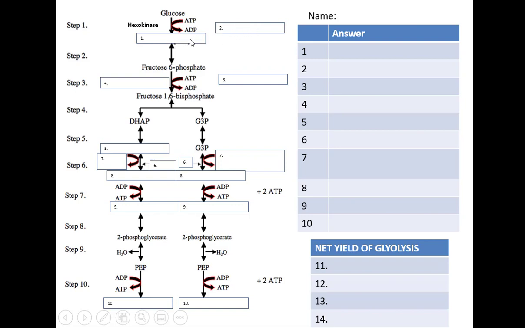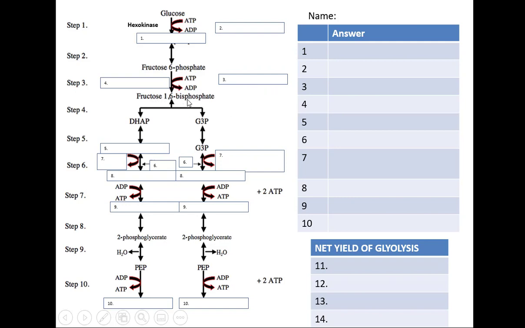And glucose 6-phosphate is rearranged to fructose 6-phosphate. Fructose 6-phosphate becomes fructose 1,6-bisphosphate. Which enzyme? The key enzyme, PFK. And again, we use another ATP. So negative 1 ATP.